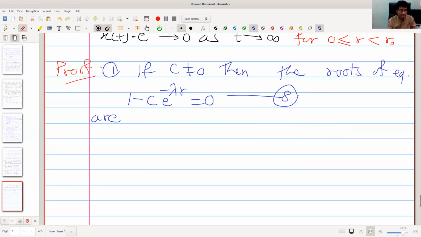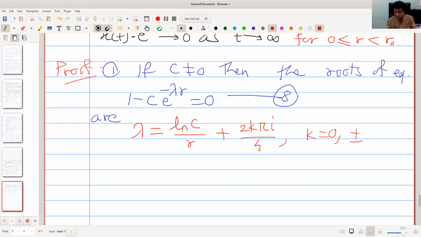You can verify this, roots are given by lambda equal to natural logarithm of c upon r, plus 2k pi i upon r. Here k is 0, plus minus 1, plus minus 2 and so on. Just verify this. You need to simplify this, take natural logarithm.